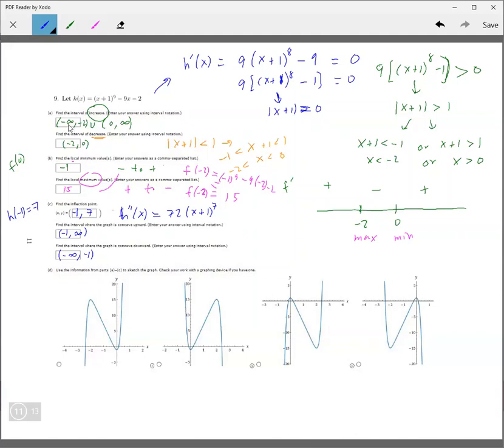So it's increasing from -infinity to -2. Yeah, that's increasing there. And also from 0 to infinity, and decreasing in between. So that's good. This one's not good because that's decreasing. This one's not good because that's decreasing. This one looks okay too. Okay, so those two are eliminated.